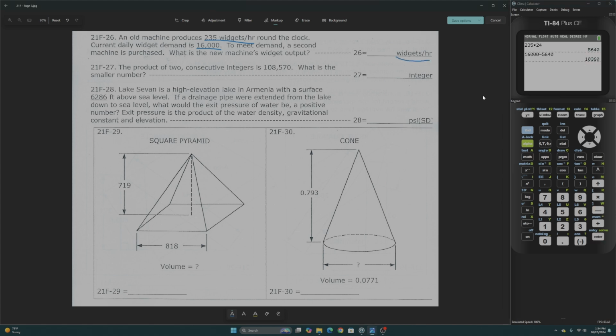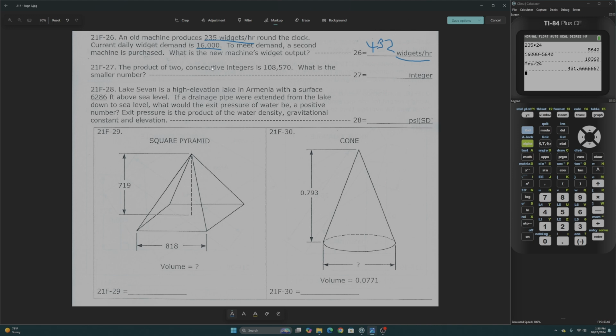And we're asking widgets per hour, so that's the number of widgets that they make per day. So we'll just have to divide it by 24, because we're also assuming it works around the clock, just like the previous one. And we get it to be 432, which is correct. 432. Sorry for the bad handwriting. I don't know if I can get better with that eventually, but we'll see.